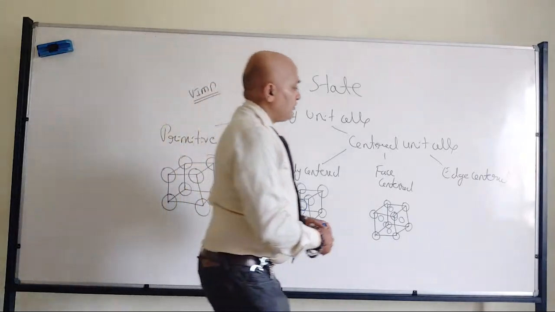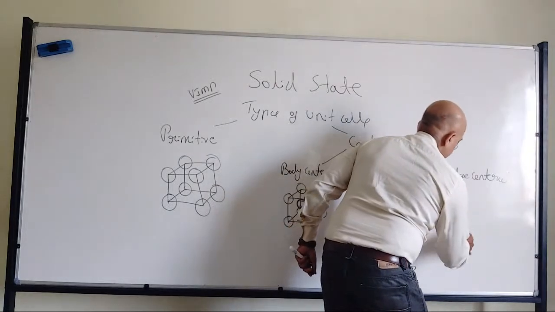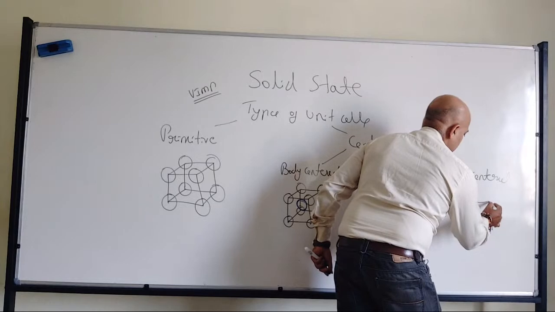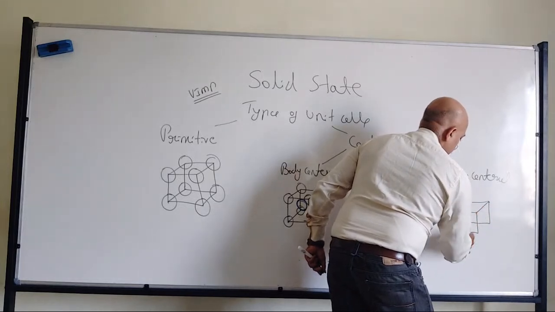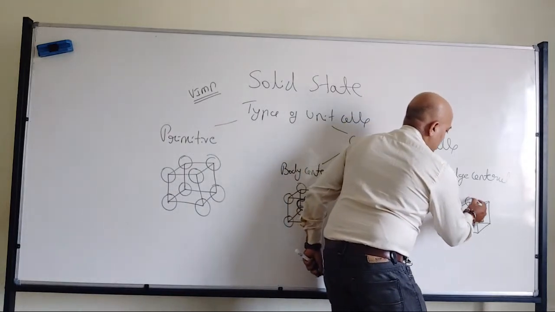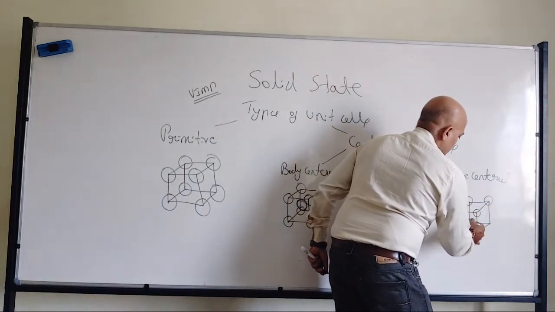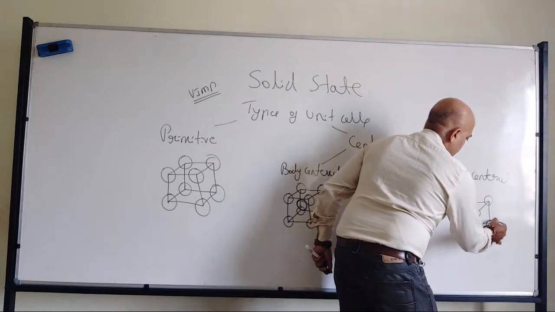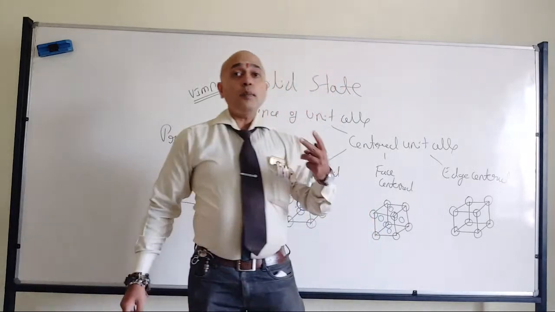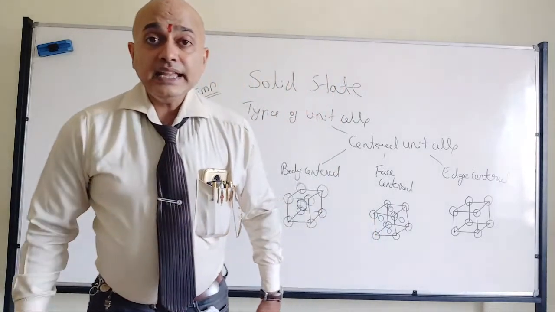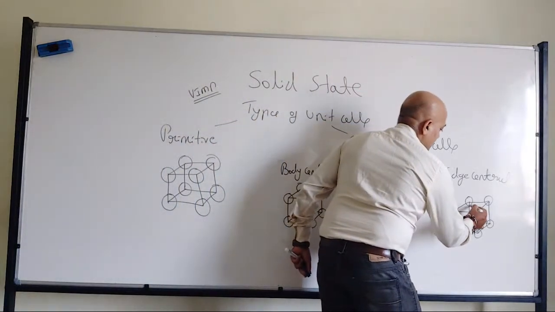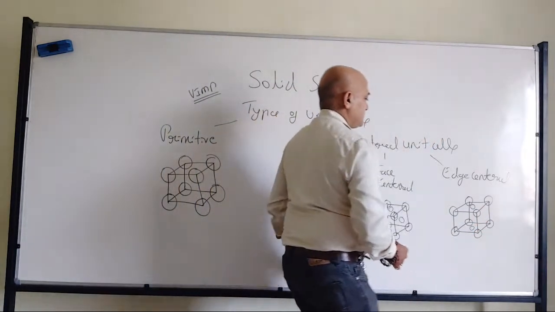Okay? Now when it comes to edge center, if you are not understanding, you should tell me. Okay, this is a cube. So corner atoms will be there, no doubt. Now, any two opposite faces will be having an atom at the center of the face.